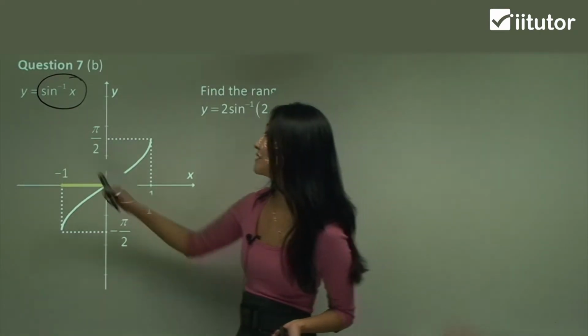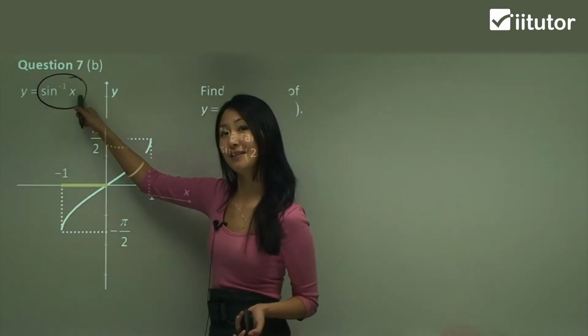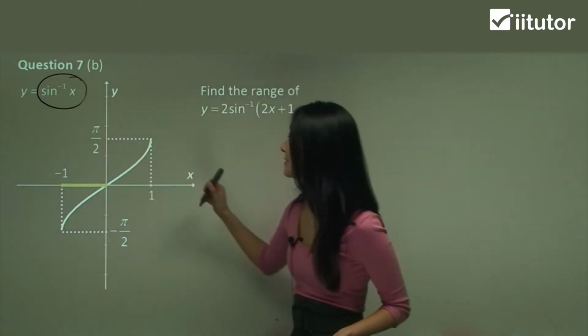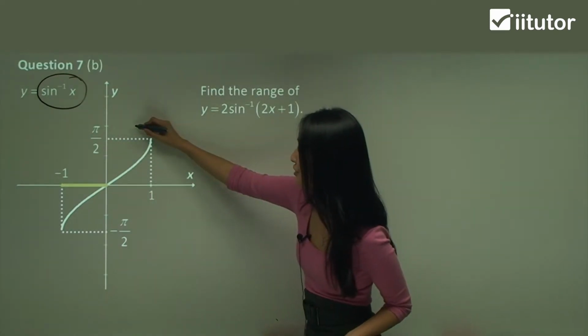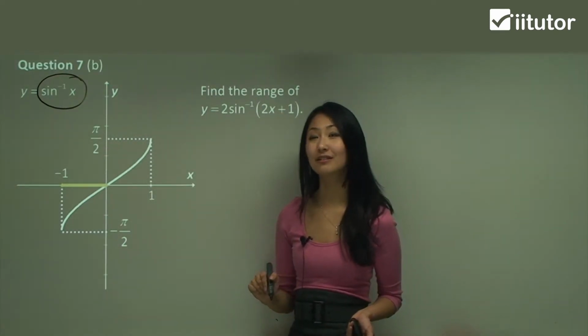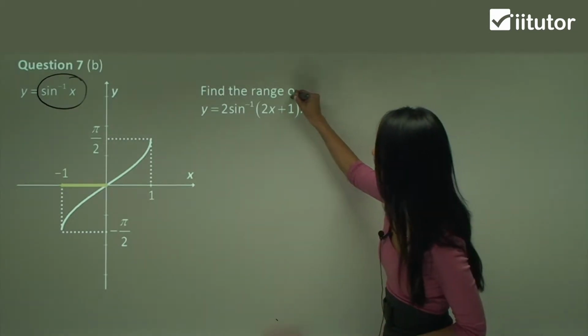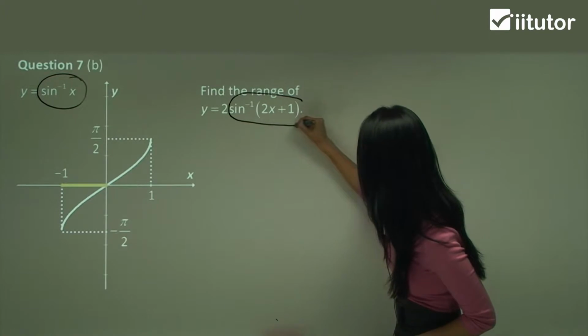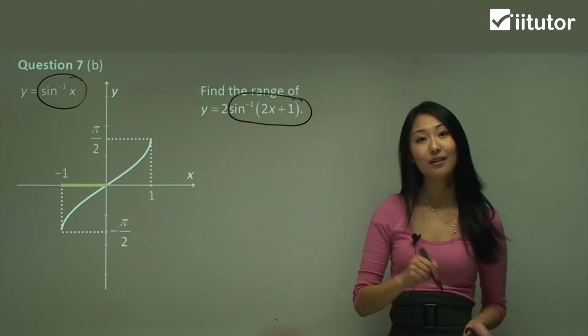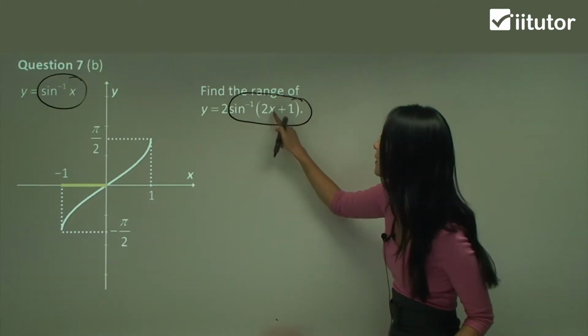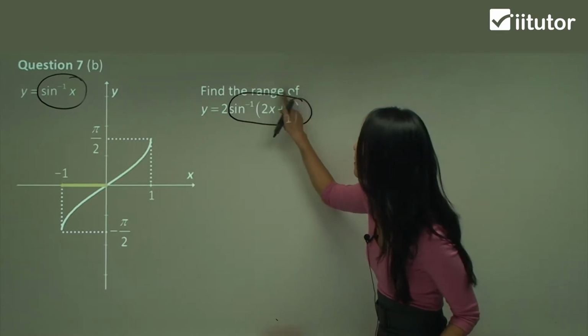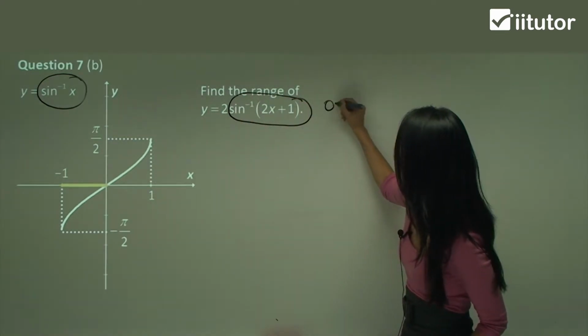So that's going to be between pi on 2 and -pi on 2. Now, the new output here is only this portion, because we're putting this input into the inverse sine, and the inverse sine of that is our output.